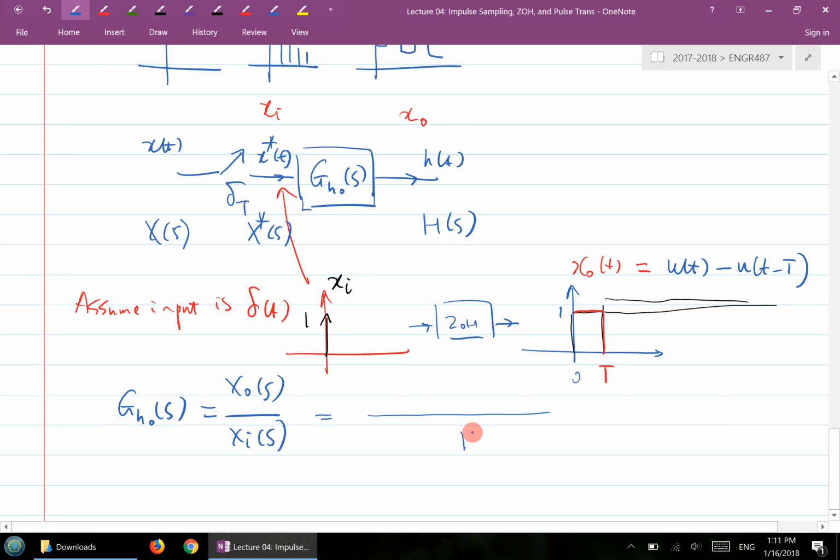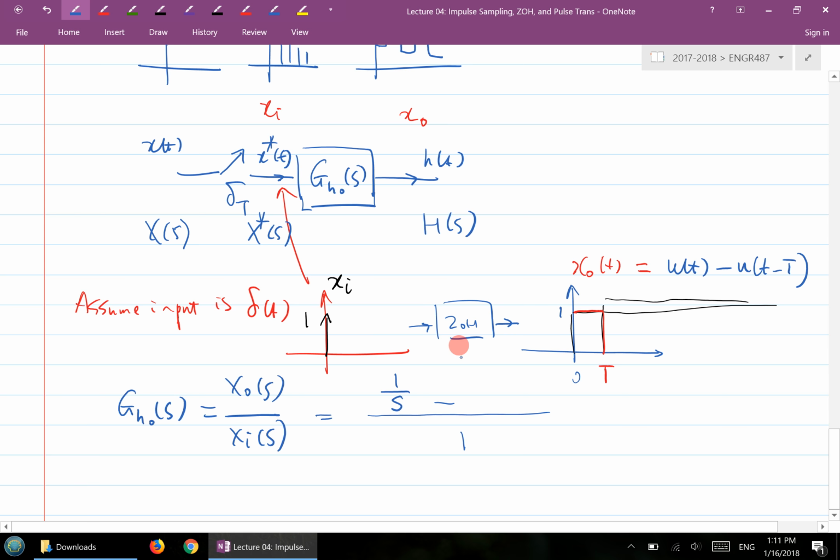The output is Xo of s, which is the Laplace transform of u of t minus u of t minus T. The Laplace transform for u of t, if you recall, is 1 over s. And here is the Laplace transform of a unit step delayed by capital T.